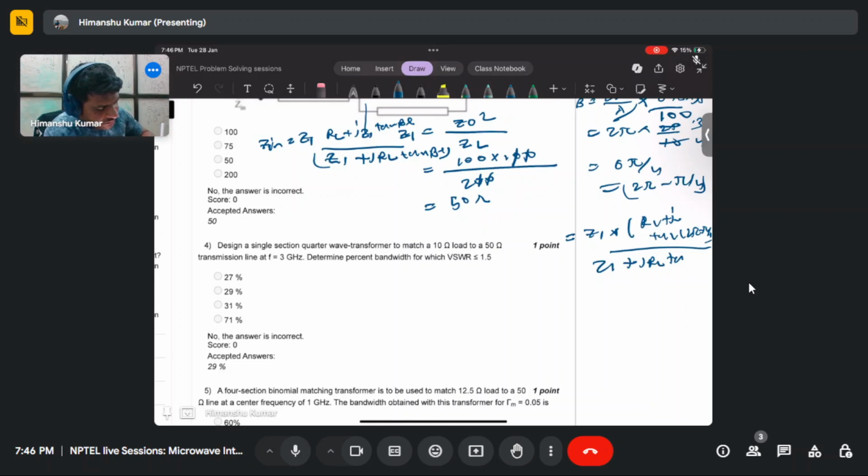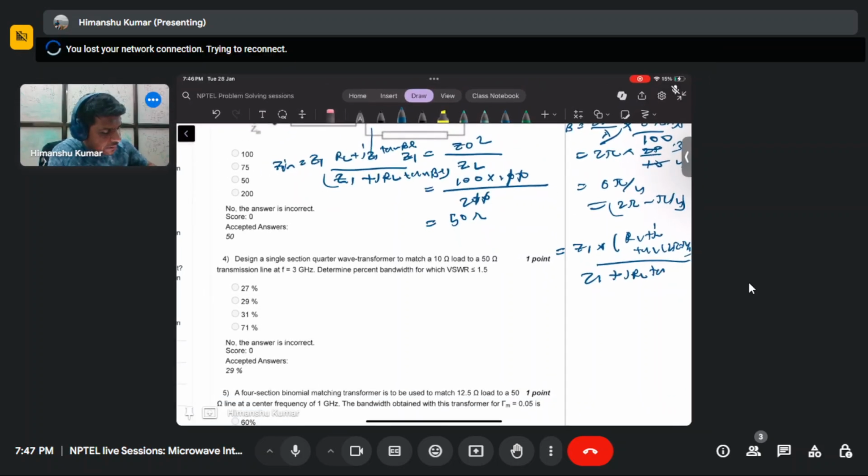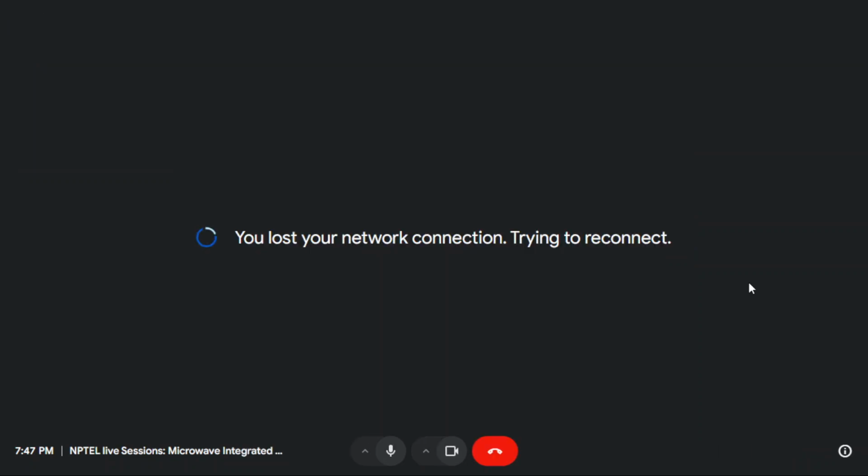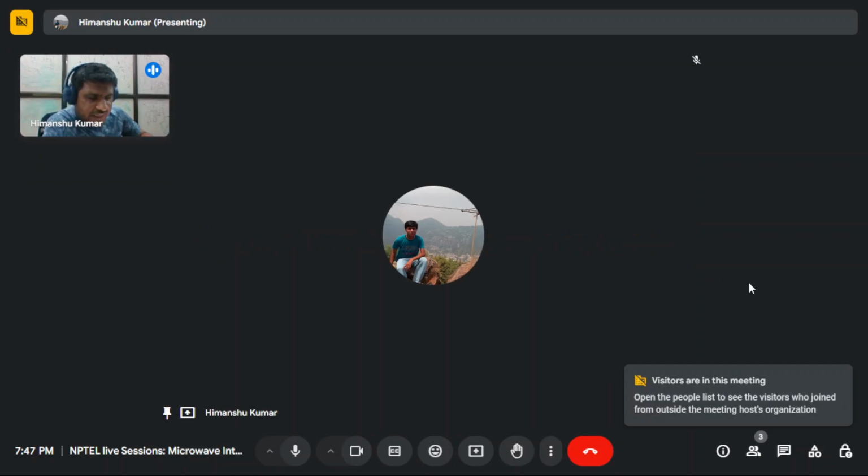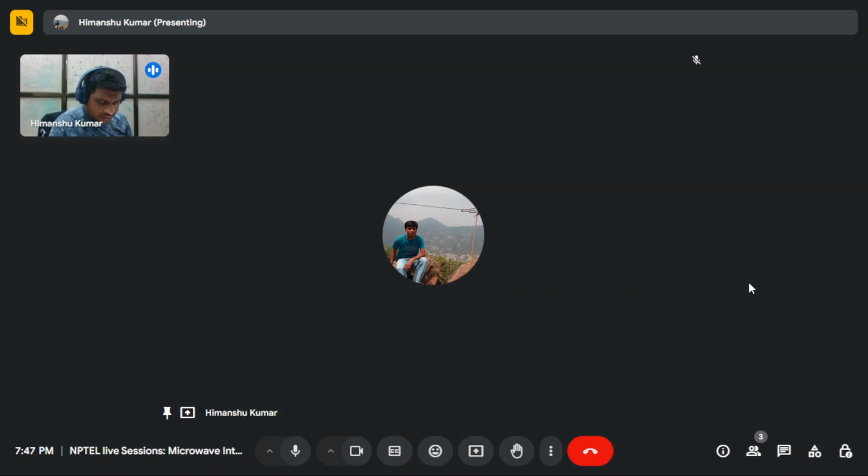So it will become Z1 times RL plus j times minus j Z1 tan of minus pi by 4, and similarly here it will become Z1 plus j times RL. And if you see, this is similar to the quarter wave transformer only.